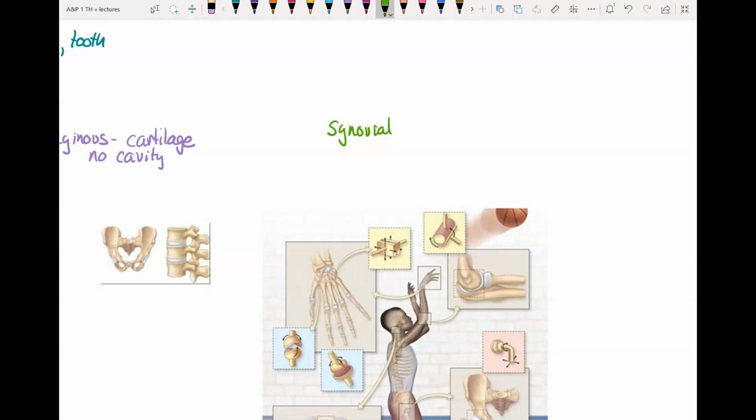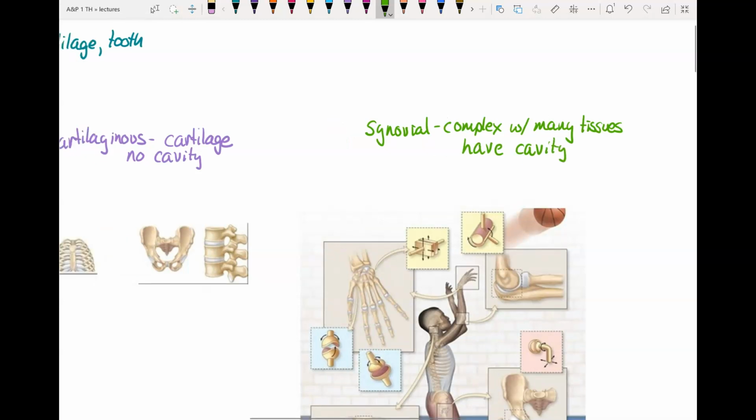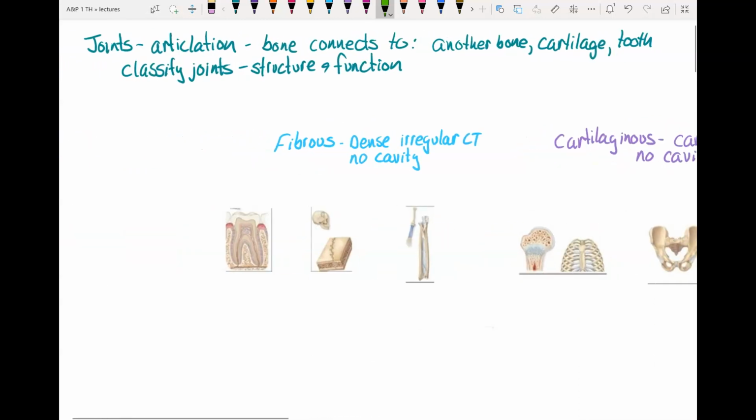Synovial joints are complex joints with many different types of tissues. And these joints do have a cavity. Each of these is subdivided up into more types.